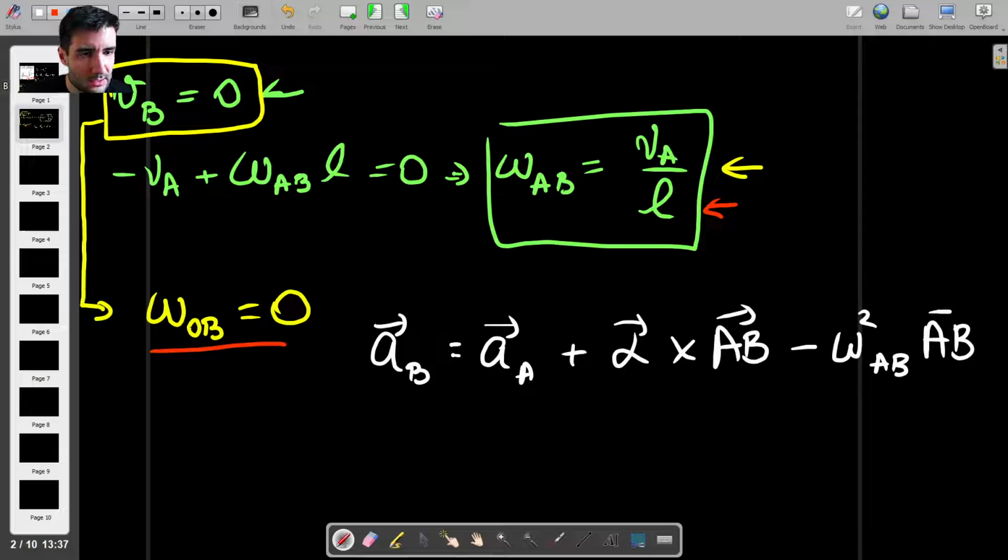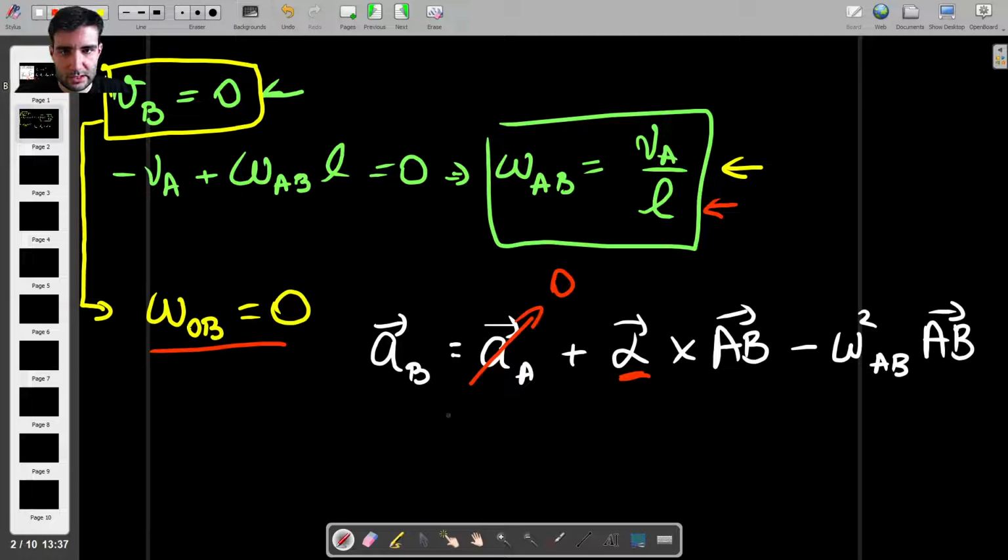So this is just Euler's equation for acceleration. Now, there are a few things here to note. First of all, we don't know what this is. And secondly, we have the fact that this is equal to 0.